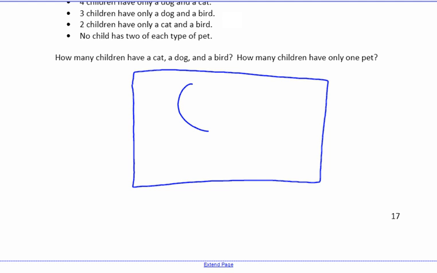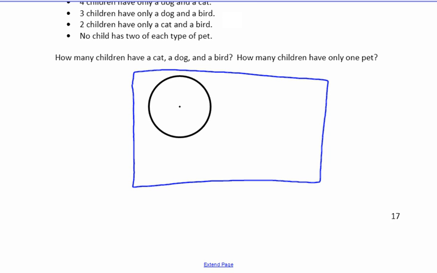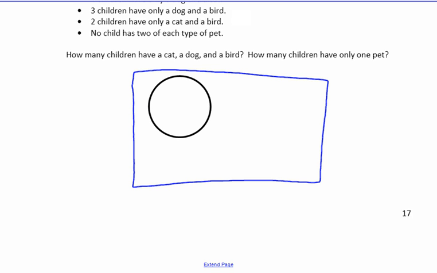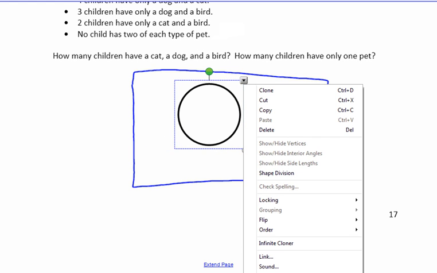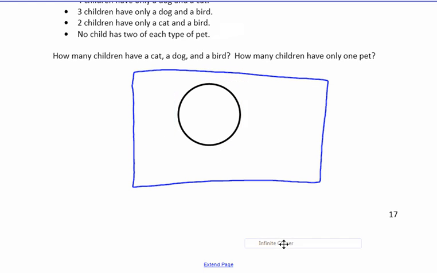Our dog. One thing when you're drawing these, try to over-exaggerate that overlap because it'll give you more room. Oh, that's ugly. Okay, like that, and one more.